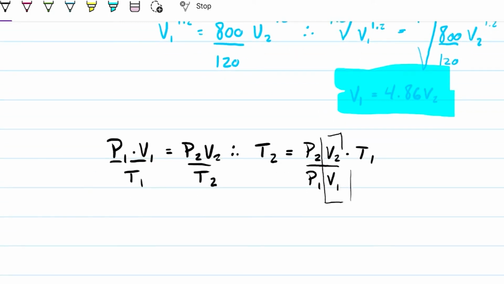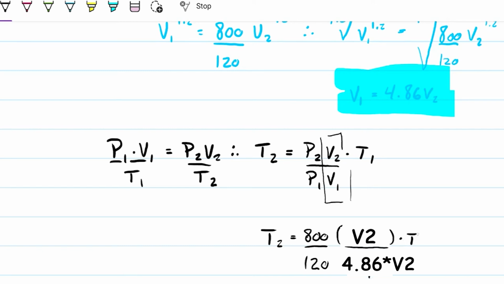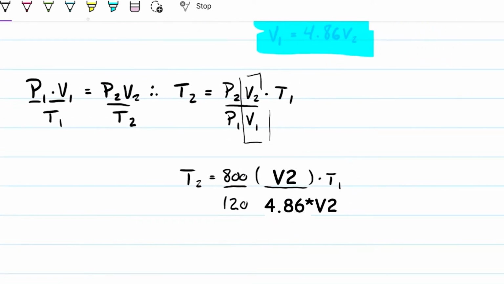So where I have P2 is 800, my V1 is 120, where I have V2, I'm going to say this is 4.86 V1 divided by V1 times T1. Note the only unknown that I have now is T2, right?